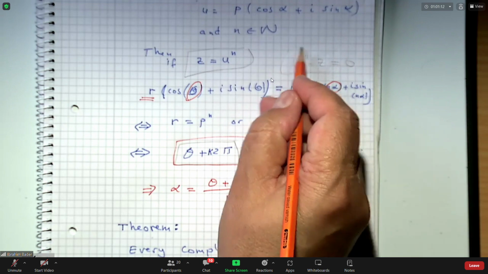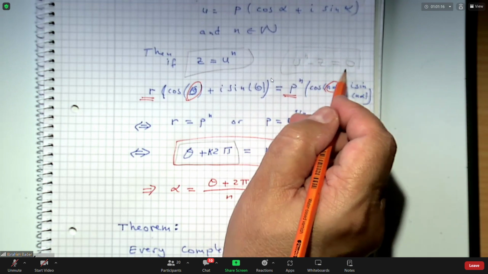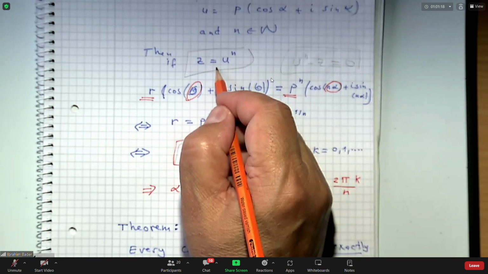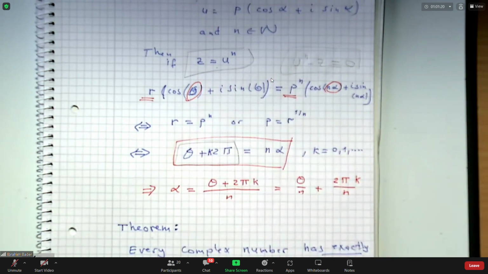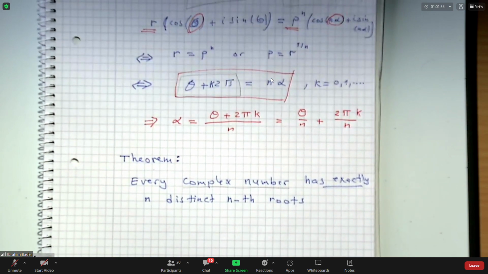So finding the zeros of this equation is equivalent to finding the roots. In this case, I have a number, and I need to underline here, a complex number. This is important.